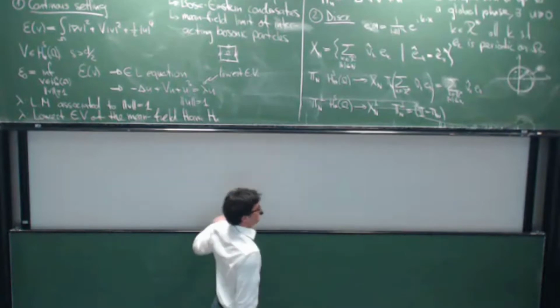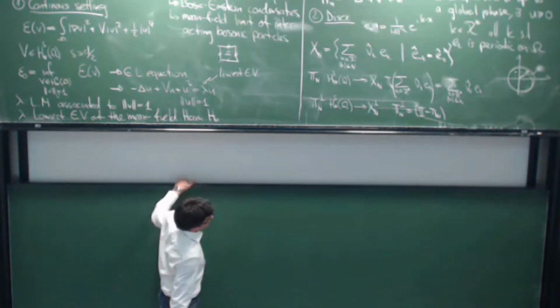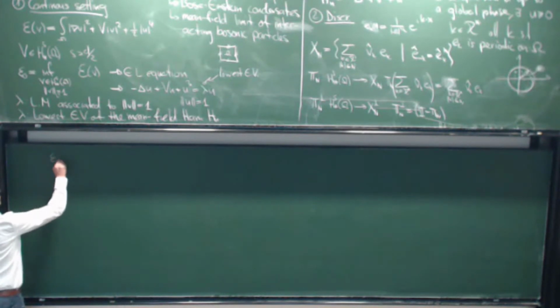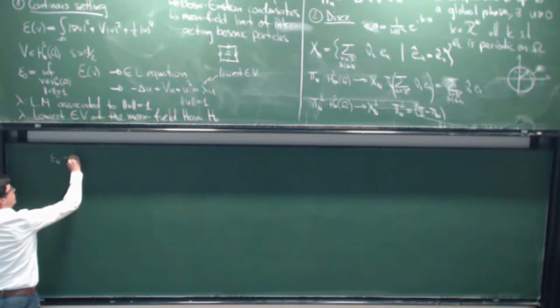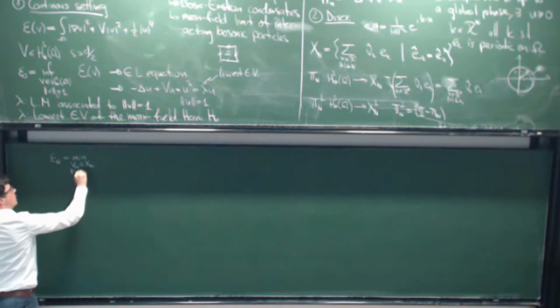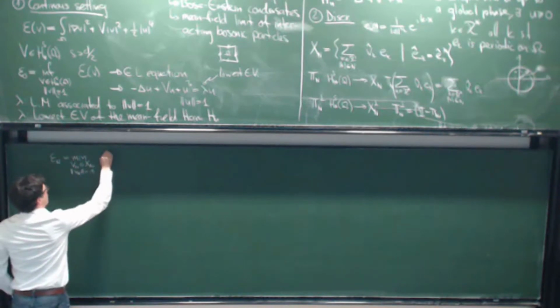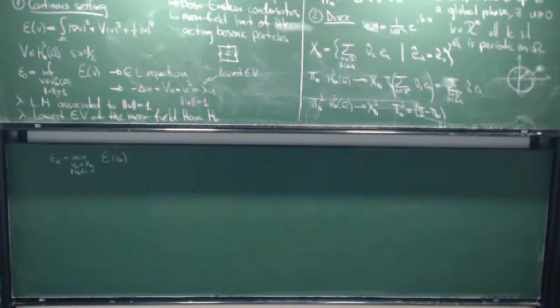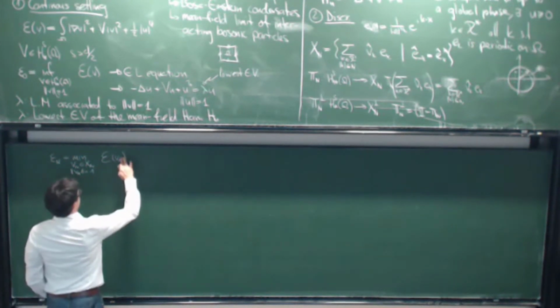But then you do the same procedure and you define your discrete energy to be the minimum over Vn in Xn such that the norm is equal to 1 of the energy function in Vn. And you can derive as well the Euler-Lagrange equations.